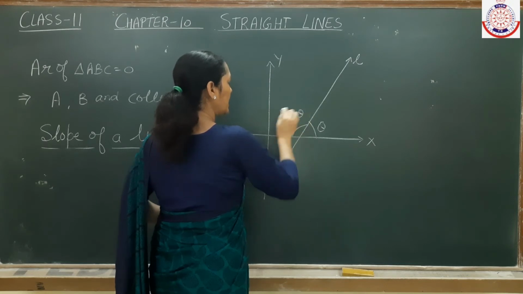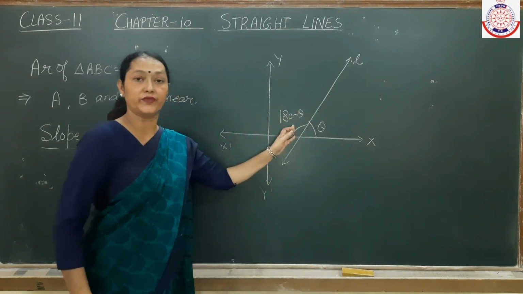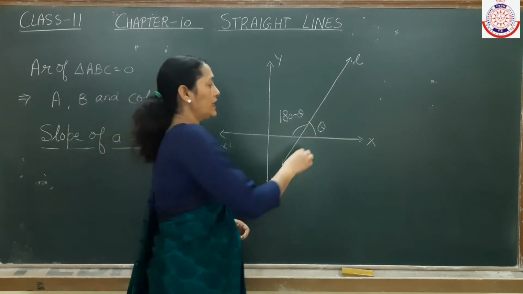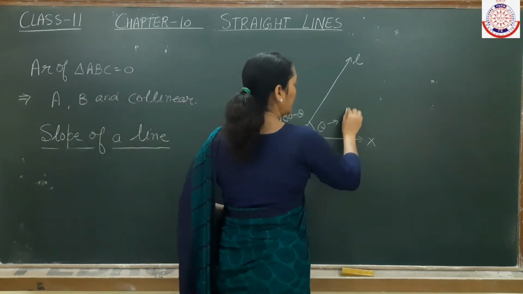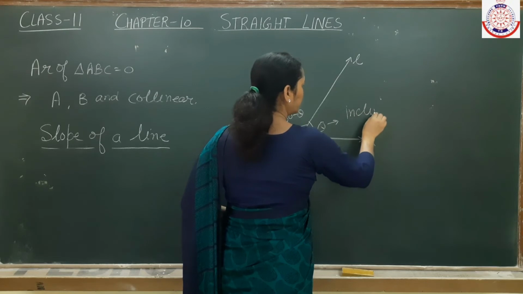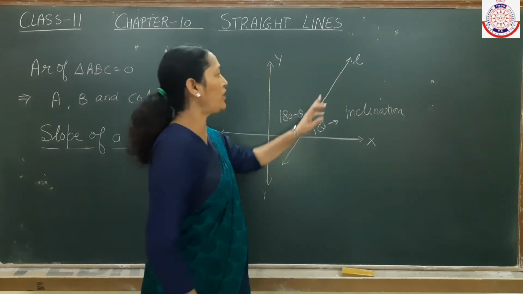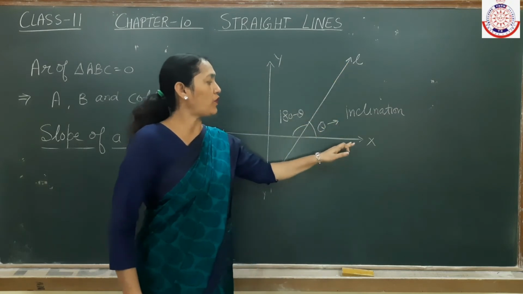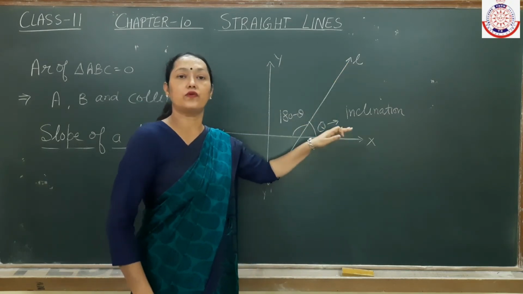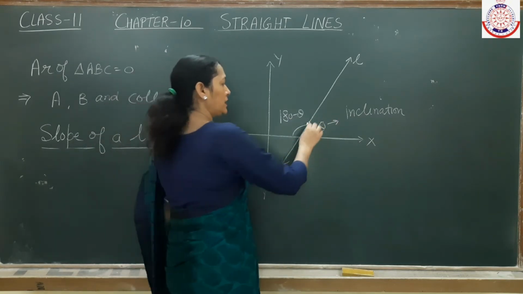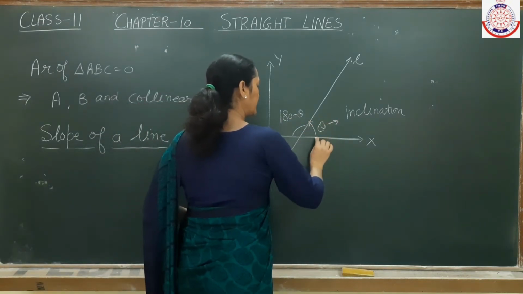So this will be 180 minus theta. This angle theta is called the angle of inclination of this line L with the positive x-axis, which is measured anti-clockwise.